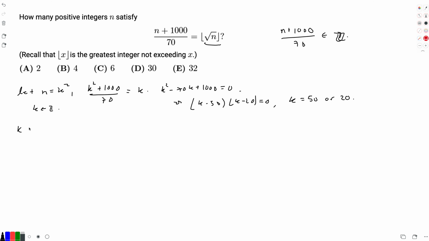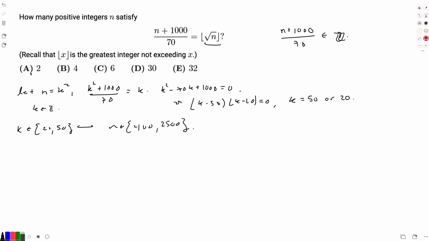So k being in the set {20, 50} means our respective values of n are 20 squared, which is 400, and 50 squared, which is 2500. As a quick check, we can plug this in, and both of these work.